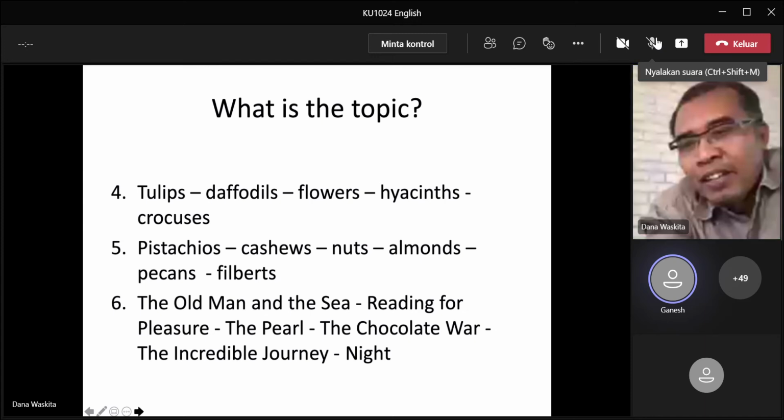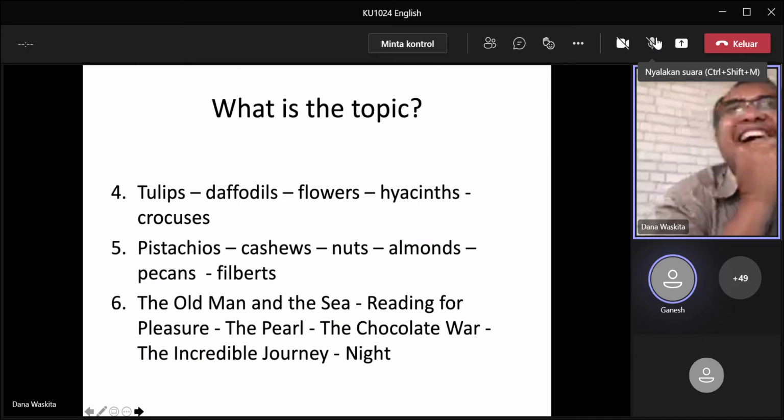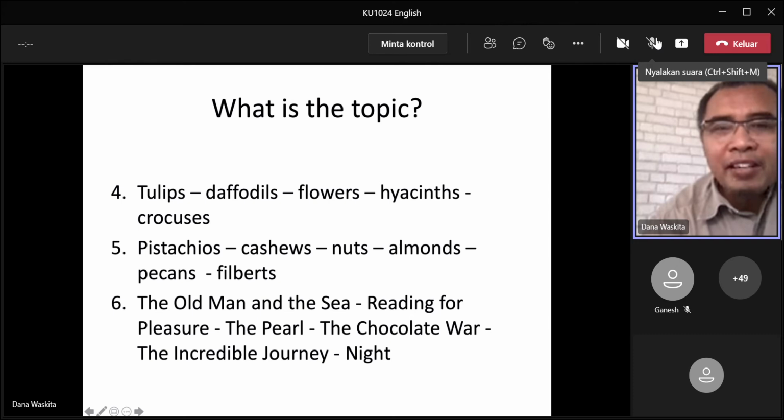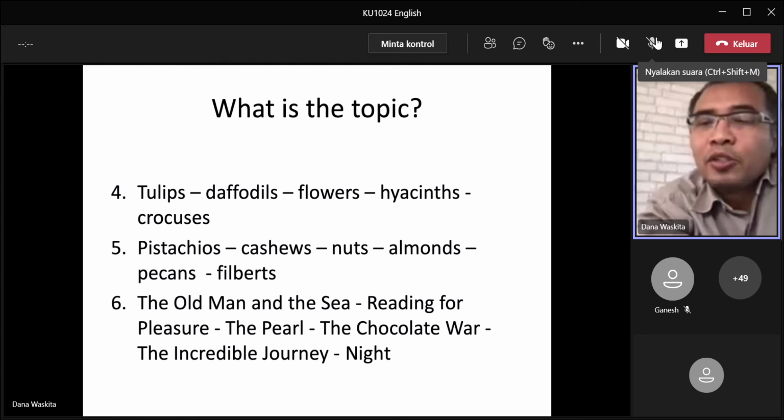It's similar to tulips. At least you know tulips are a part of flowers. So flowers is more general than tulips. The others, you assume daffodils, hyacinth, crocus are also a part of flowers, right? Even though you don't know the meaning of some words, you can still guess the topic.